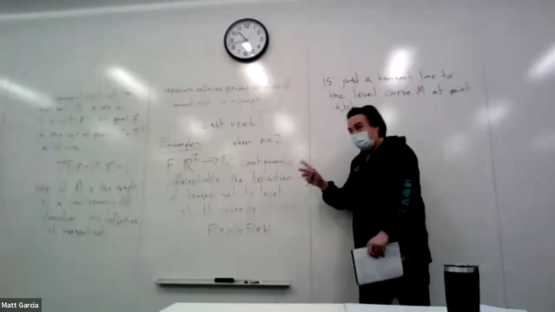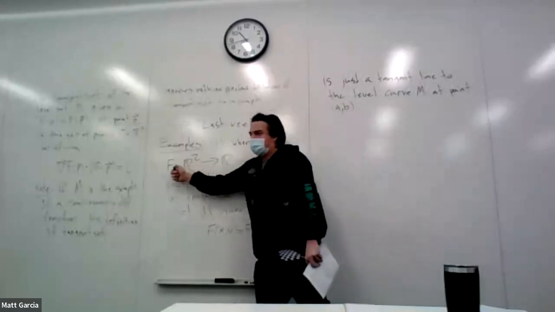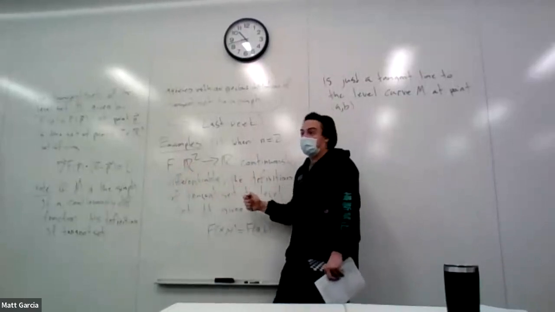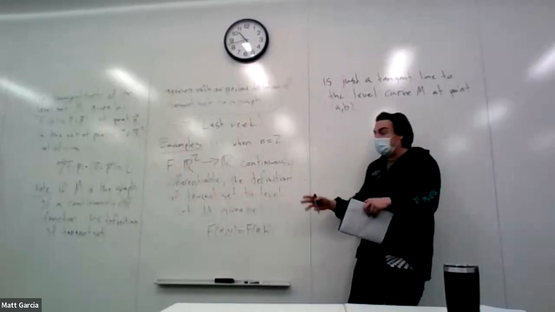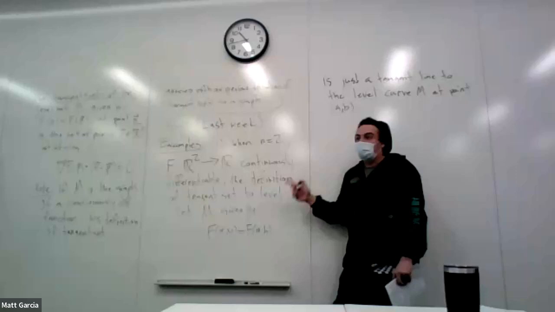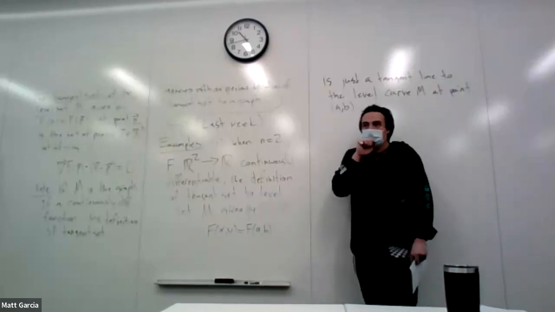So yeah, this is somewhat confusing, right? We could talk about the tangent set to the graph of F at the point A comma B comma F of A comma B. Or we can also talk about the tangent set to the level curve given by this at the point A comma B. Is that okay?